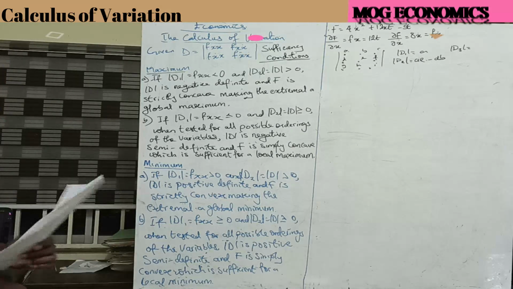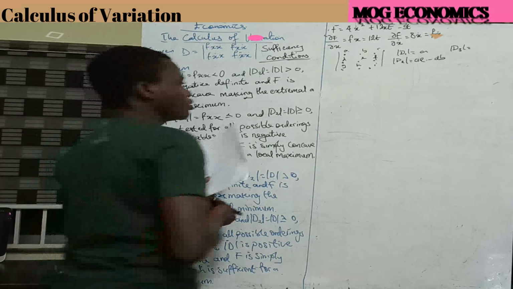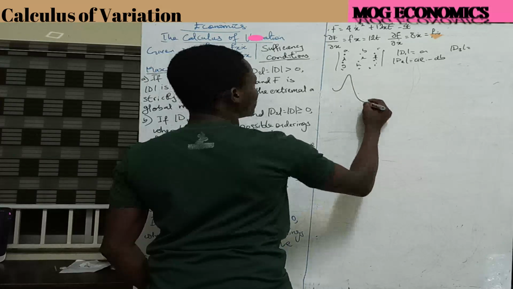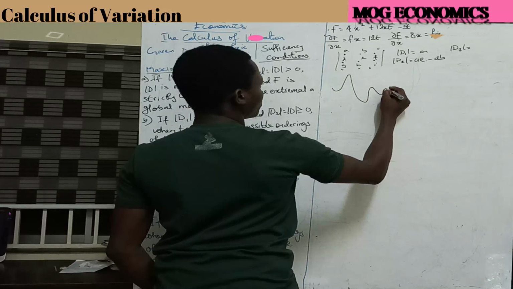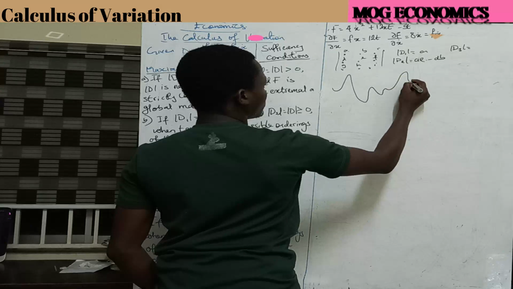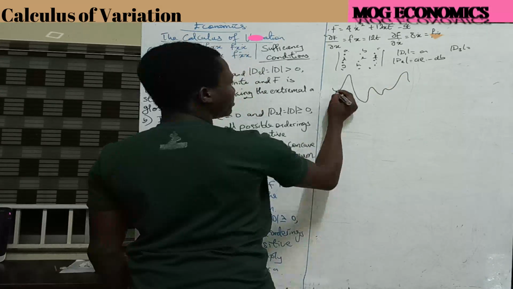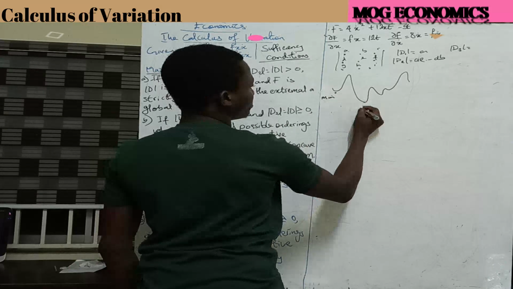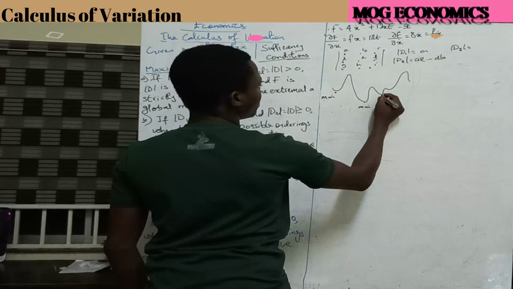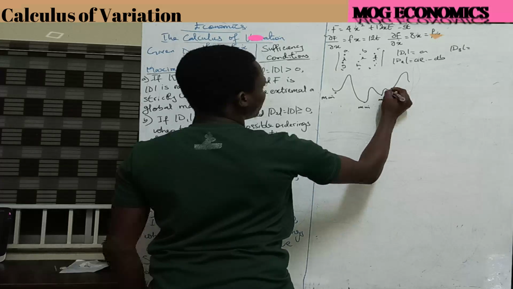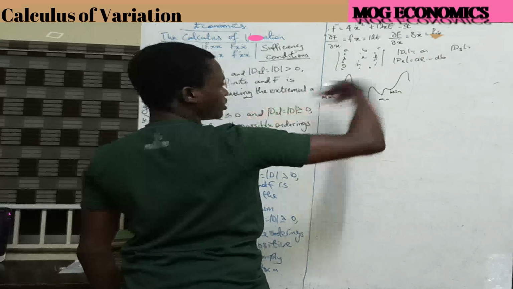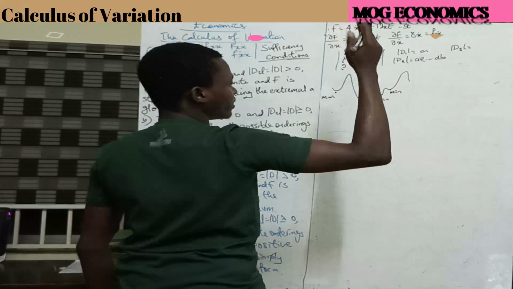So what do we mean when we say global minimum? Let's say you have a business cycle, something like this. Here is a minimum, here is a minimum, here a minimum, across different years, just showing a trend of your GDP over different years.